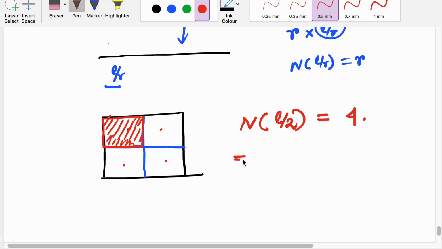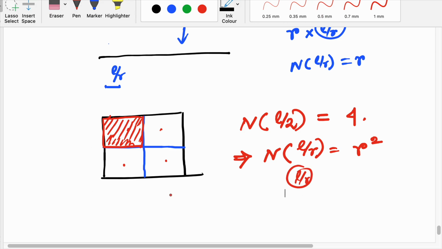Now in general, if I put it as L by r, you will see that this will be r square. You will find that r square smaller boxes, whose arm length in every direction is L by r, are required to fill the whole square.